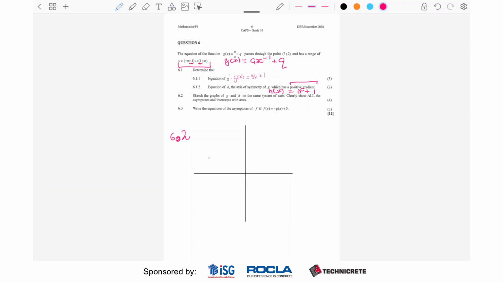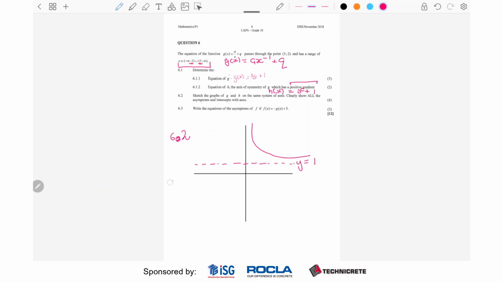We know our asymptote is plus 1. This will be y is equal to 1. So we'll go somewhere like this. And we need to calculate our x-intercept.